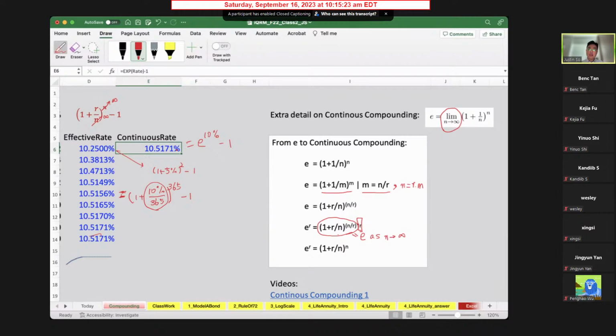As I said, continuous compounding is not the real compounding. It's a theoretical compounding. But there's a beauty of using continuous compounding in mathematics. Pricing gets very complicated in the real world, especially option pricing.